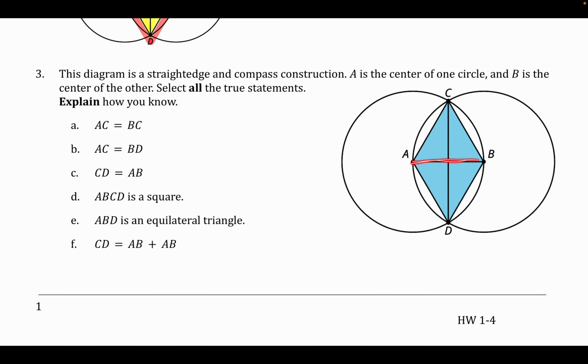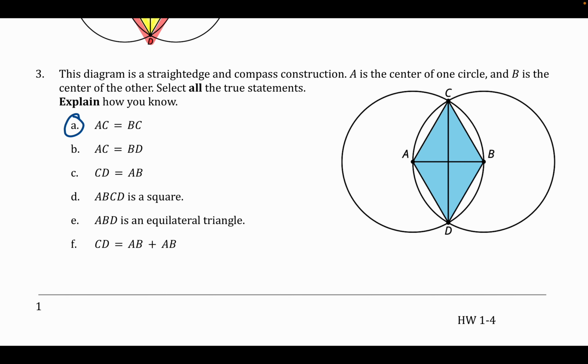And so we have AB and AC as radii of circle A, and BC and BA as radii of circle B. So we are going to be able to say that, yes, these two pieces are going to be equal to each other.